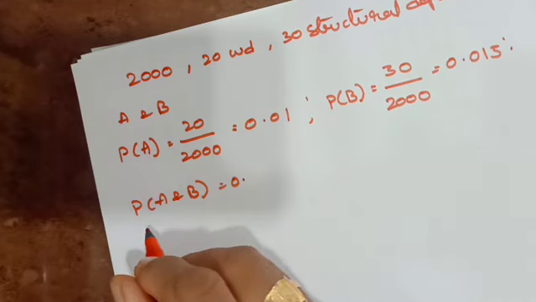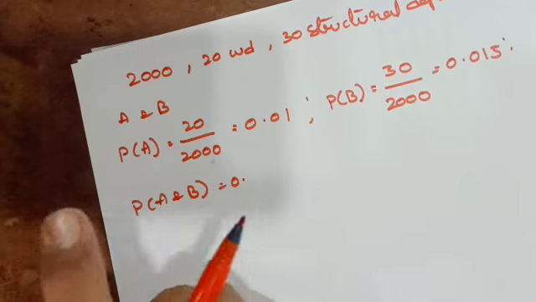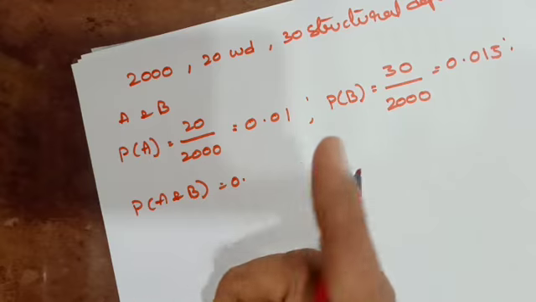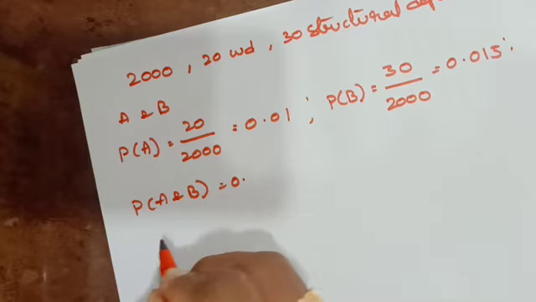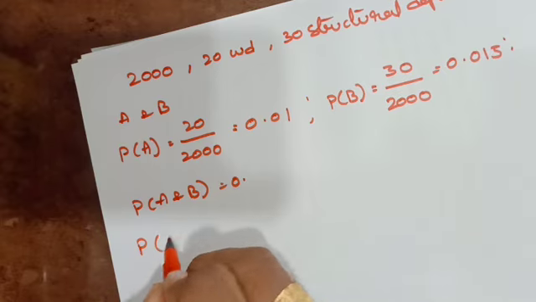We have to find the chosen component which will have either type of defect, that means P(A or B).